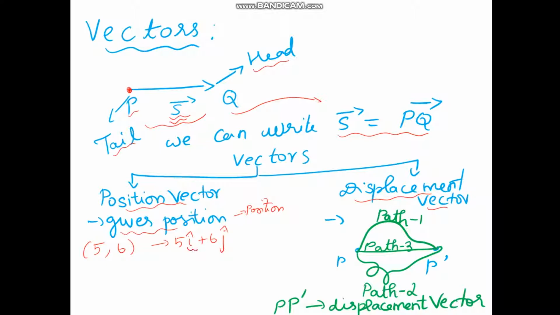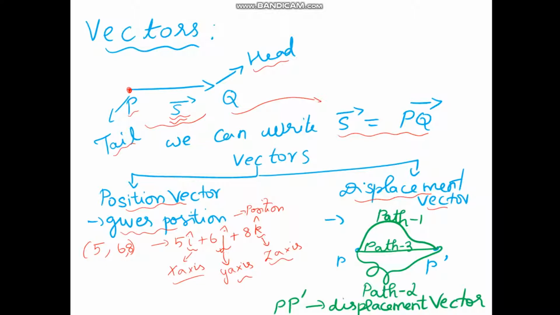Remember that the i component is used to represent the point along the x-axis. The j component is used to represent the coordinates along the y-axis. Suppose we have 5, 6, and 8, then we write plus 8k cap. K cap is used to represent the point along the z-axis. I for x-axis, j for y-axis, and k for z-axis.